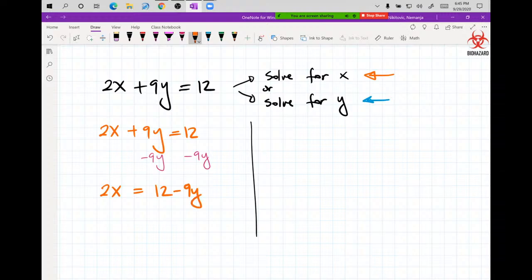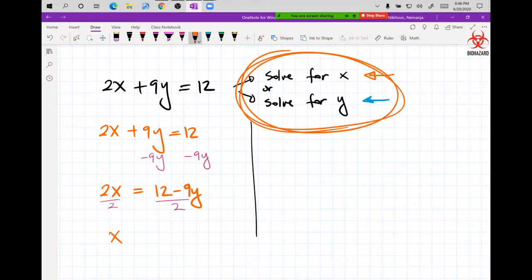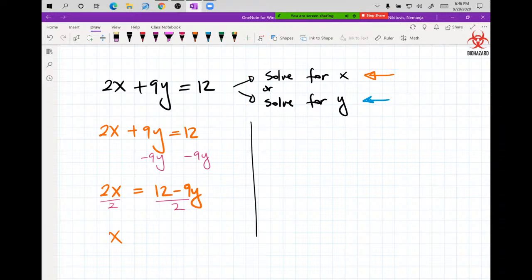There is nothing I can combine there. And finally, divide both sides by 2 to get x alone. So our goal is to get whatever the variable, whatever the problem asks you for, to get that variable alone using those methods of removing things that you don't need.